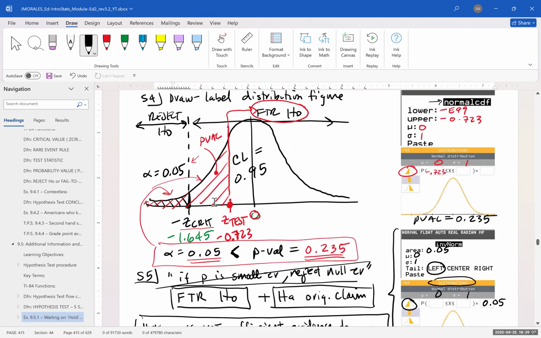And we need that to be correct so that we can set up the reject and fail to reject regions appropriately.